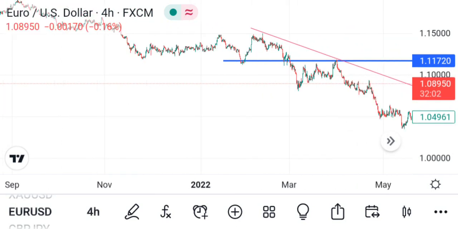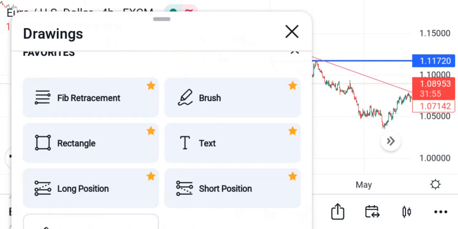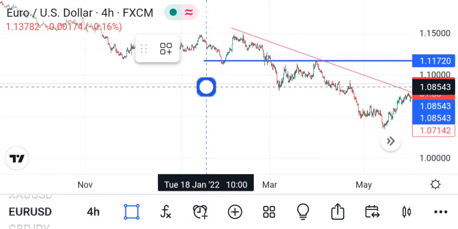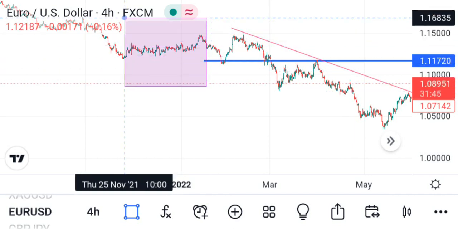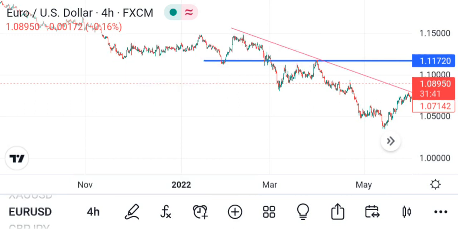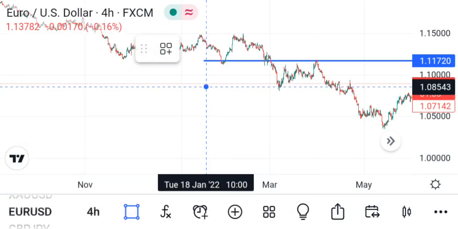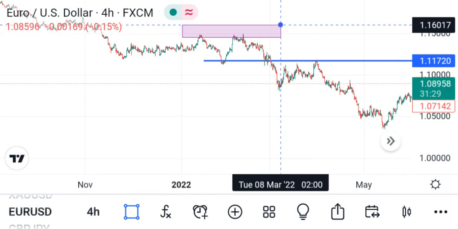But something happened here. There was a little bit of a rally here.